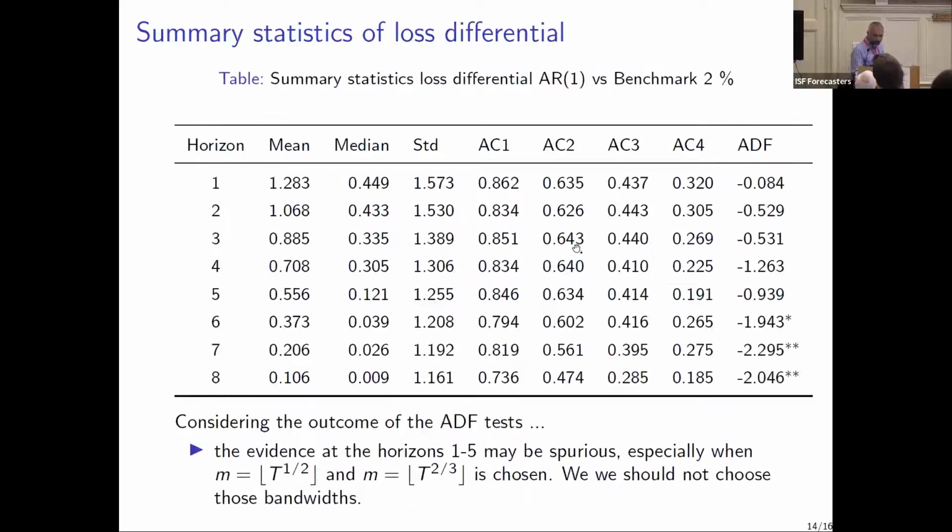When I look at a measure of dependence for the loss differential, well, you see that it's heavily persistent, and if I try a unit root test, I don't reject the hypothesis. Now, of course, I don't really think that there is a unit root there, but the unit root test is telling me you are close to having persistence there.